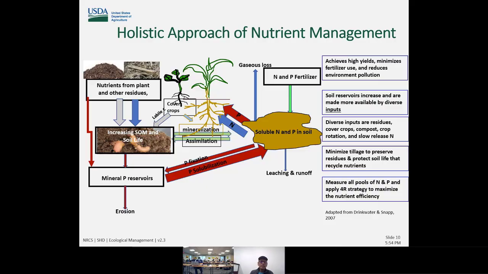In this case, mineralization will be more, and assimilation is going to be more because of the biology in there. Biology is the one that actually mineralizes and assimilates all those nutrients in the soil. And the phosphorus reservoir will increase because all those carbon amendments or residues have some phosphorus. In this case, fixation will be less and phosphorus in the solution will be more.